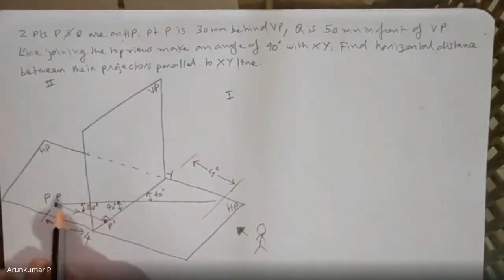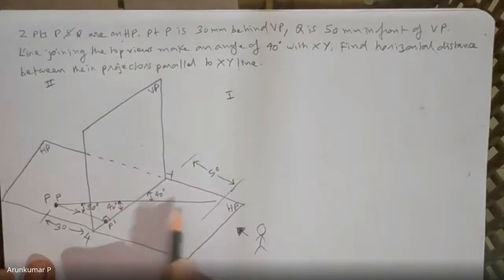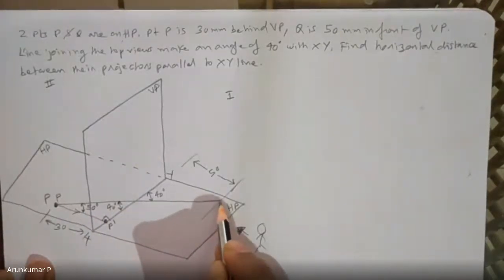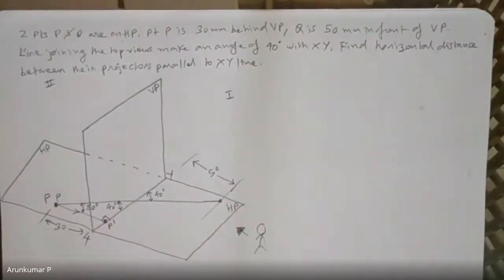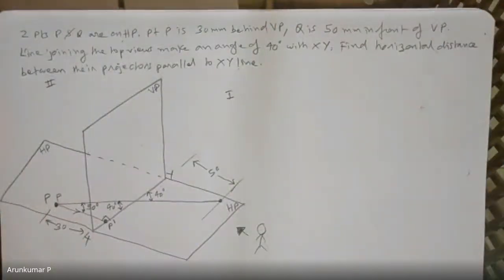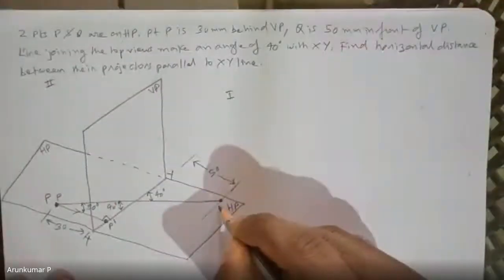So this line which you have drawn at 40 degrees will come and intersect this line somewhere here. So what is this point? Q. Is it the front view of Q or top view of Q? Top view. Exactly. This is the top view, small q.